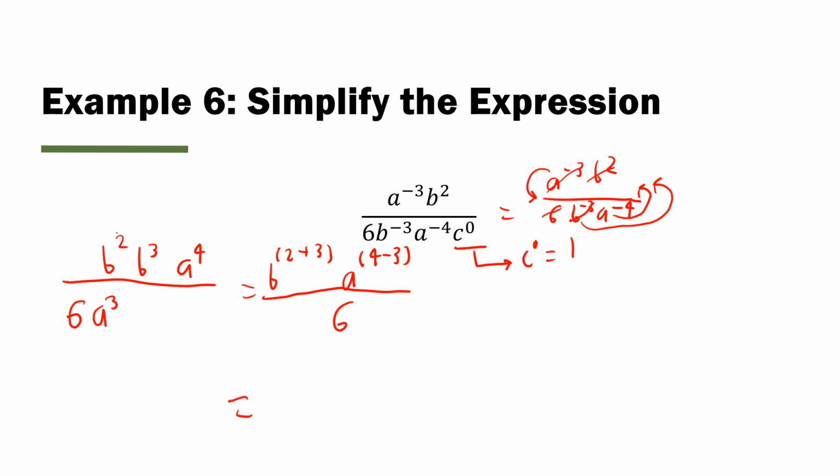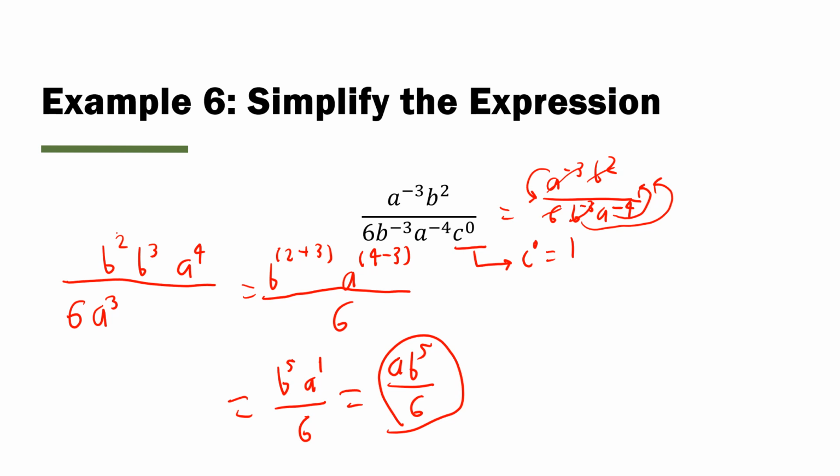So this is equal to b to the power of 5 times a to the power of 1 divided by 6. We know that any non-zero integer raised to the power of 1 is just equal to the same integer. So this is going to just be equal to a times b to the power of 5 divided by 6. The order of variables doesn't matter. I'm just putting a first because it comes first alphabetically.